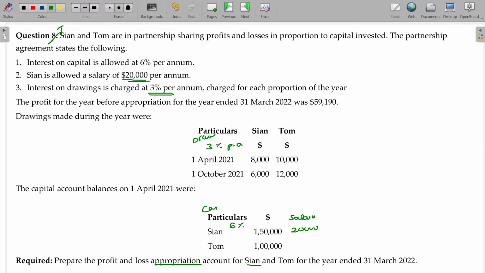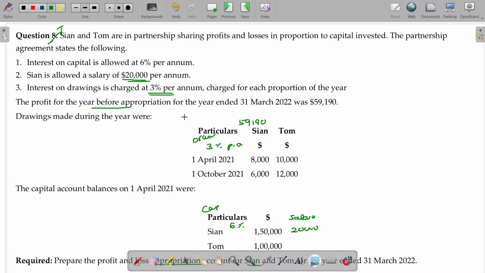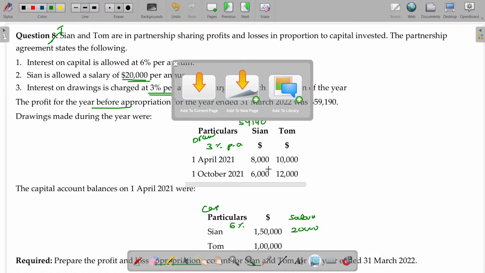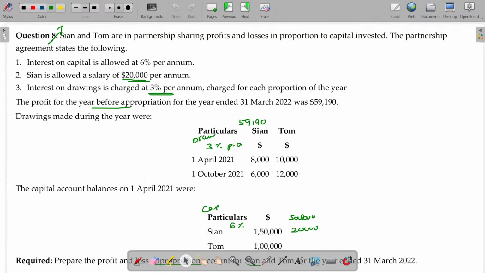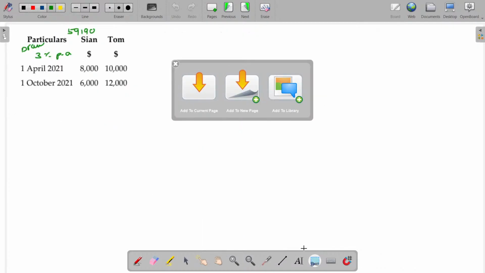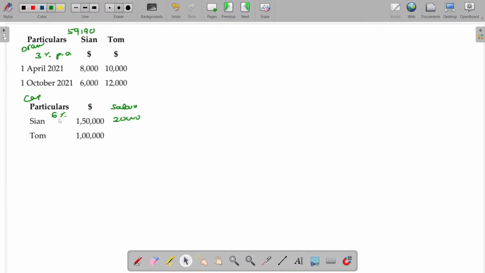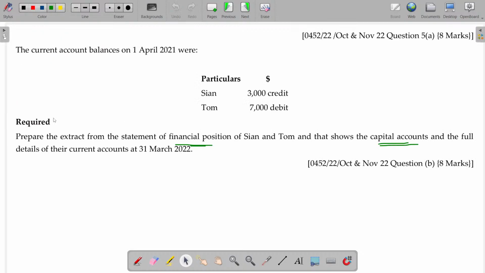Then profit for the year before appropriation is 59,190. I just copied the required data only. Okay, drawings and capital. Further, we have been given the current account.